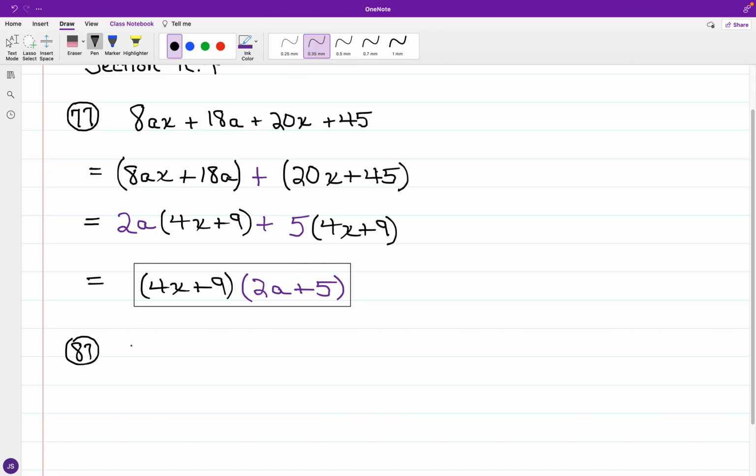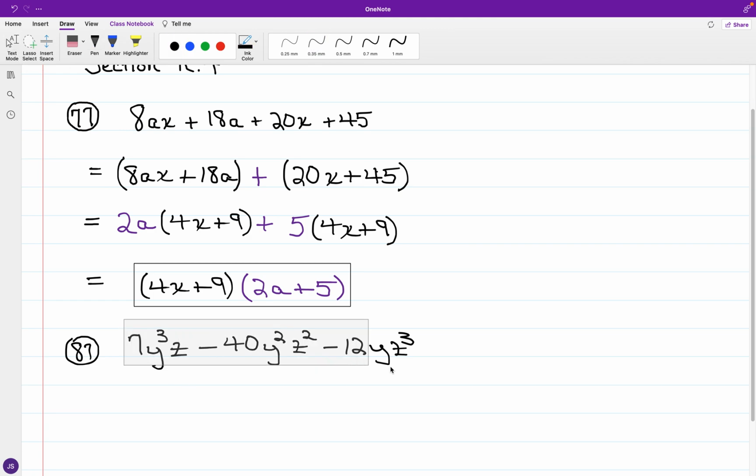For 87, we have multi-variable expressions in the letters y and z. So for this one, we have 7y cubed z, minus 40y squared z squared, and minus 12y z cubed. And looking at this trio.